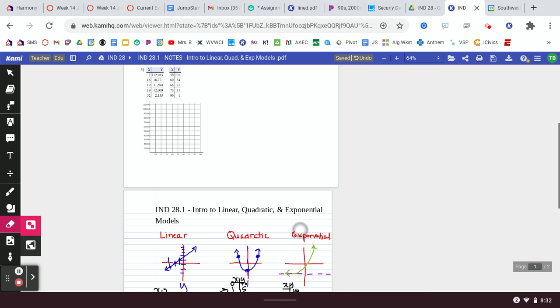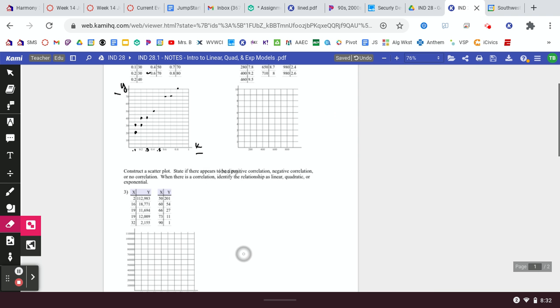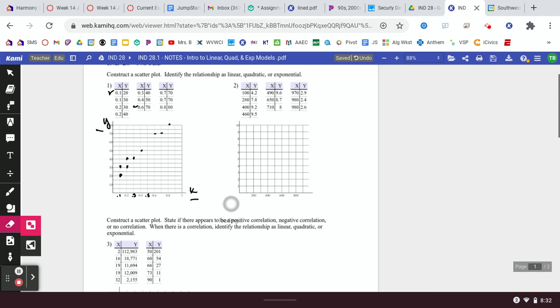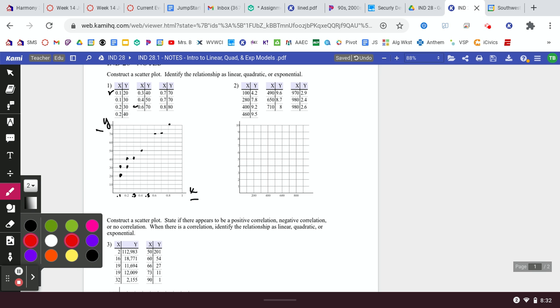With scatter plots, you use the idea of the shapes they create, but you don't worry about the whole no repeating X's and Y's, okay? So in this shape, you can see that it's trending in a straight line up, and so this would be considered a linear scatter plot, okay? I'm not going to take the time to graph the other two.